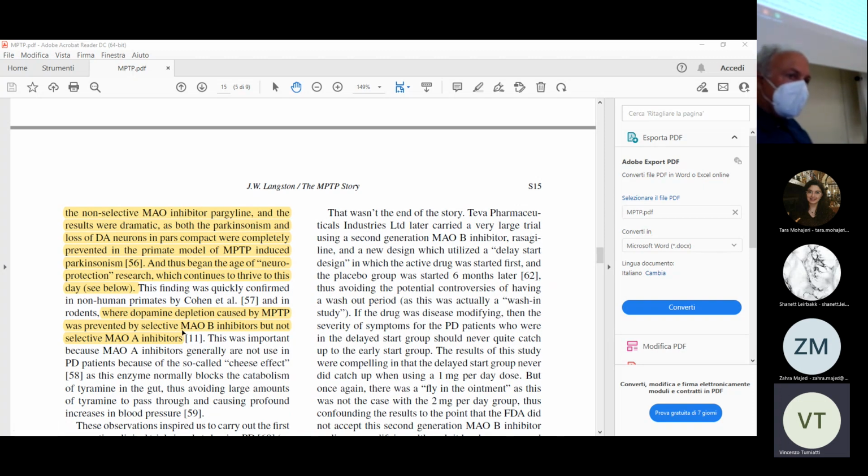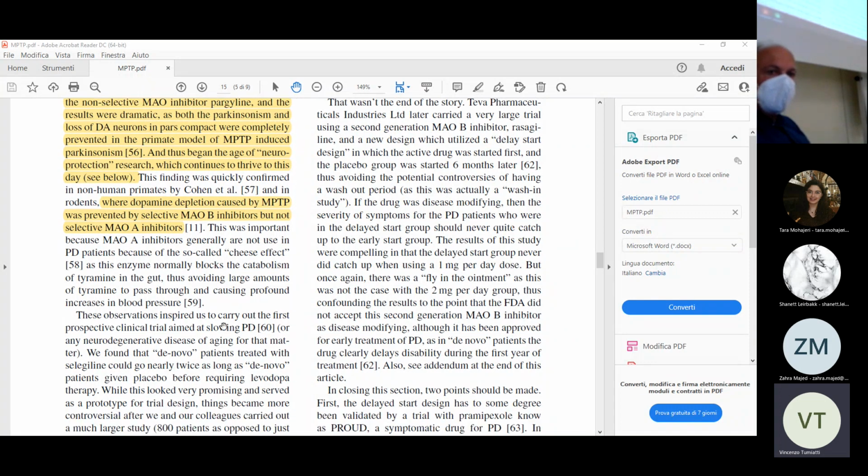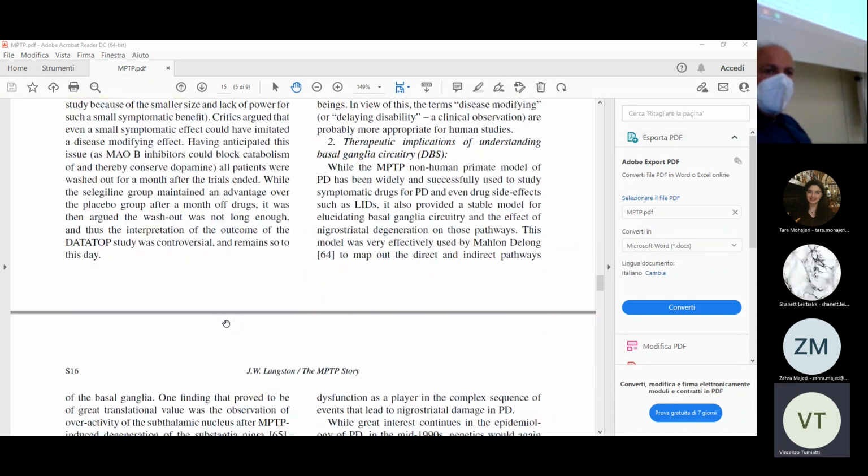These represent the first hypothesis, the first therapy for Parkinson. And it was possible thanks to the discovery of the activity of this type of toxin. Okay.